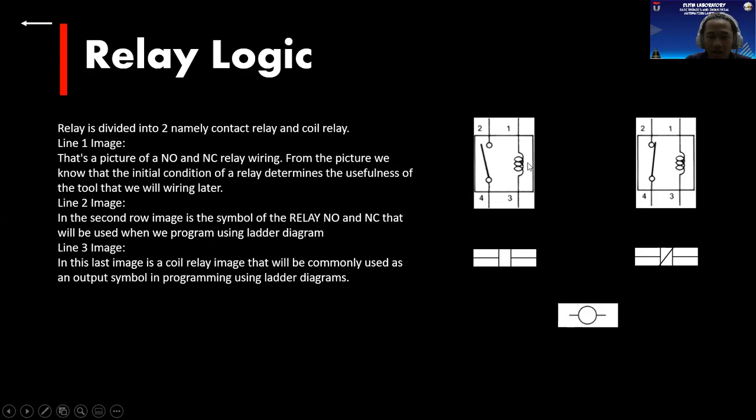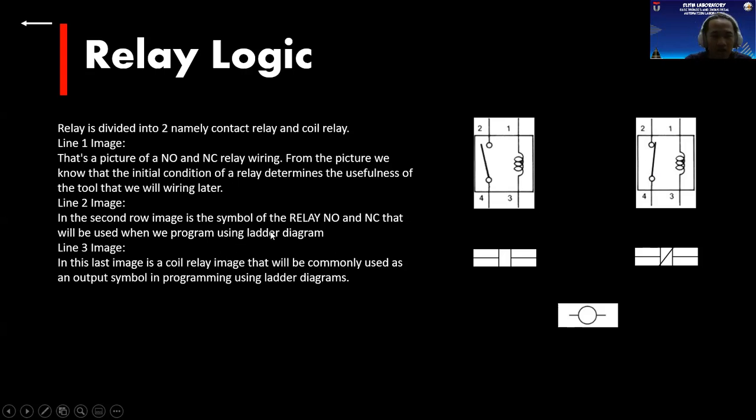This one is NO relay, and this one is NC relay. Different: for NO relay, the first condition is not connected, different than NC, where the relay is connected from the first condition.